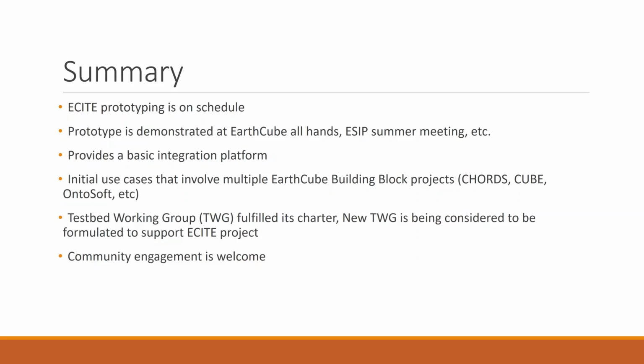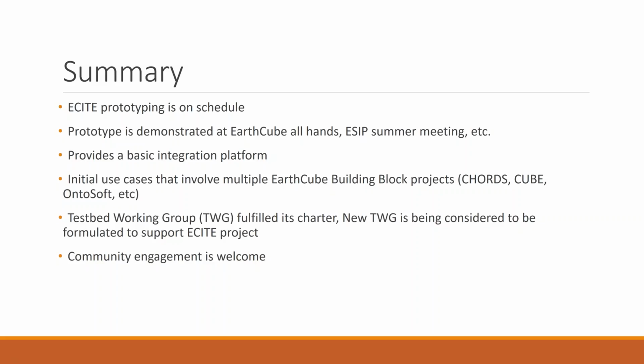And so in summary, the ECITE prototype is on schedule. We just entered the second year. The project started last year, September, and has been demonstrated at the EarthCube All Hands and ESIP Summer Meeting. We're planning to do demos also at the ESIP Winter Meeting and AGU Meeting.